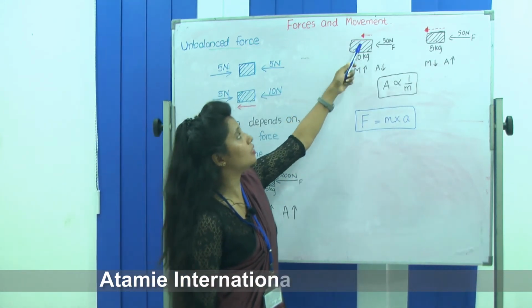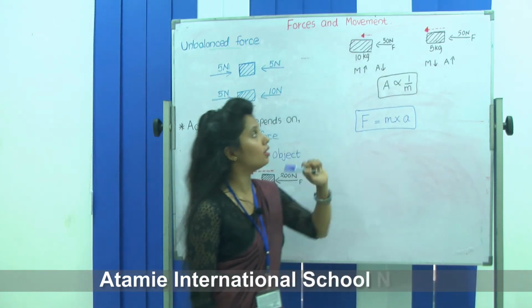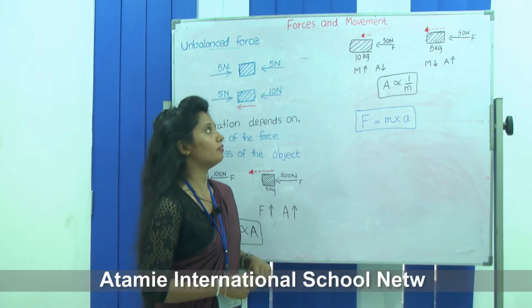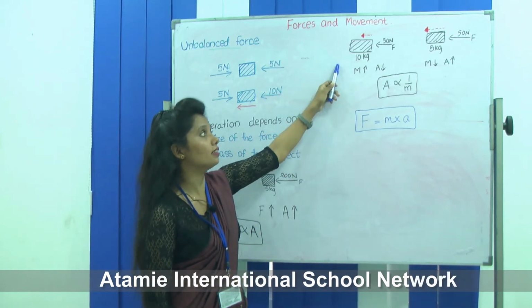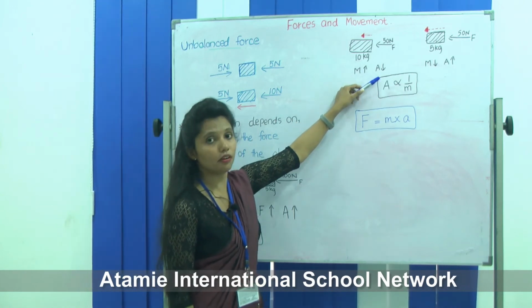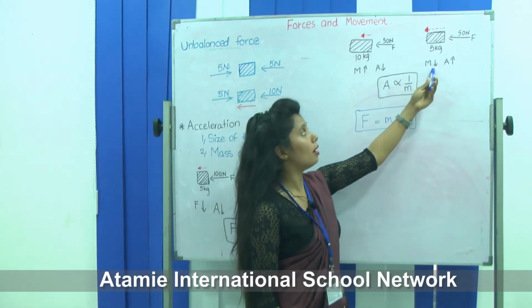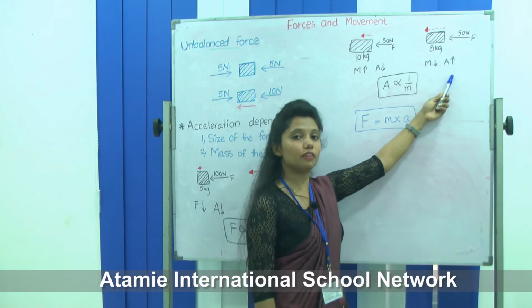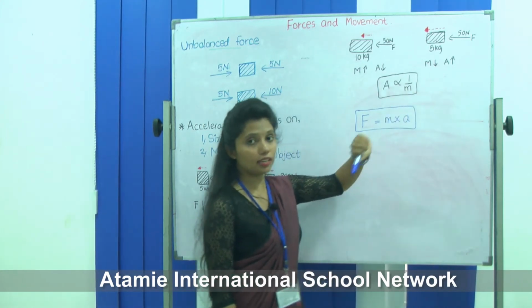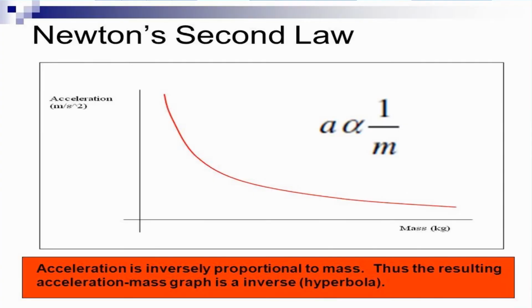In the first one I have shown a shorter one, in the second one I have shown a slightly longer arrowhead, which means when the mass of the object is higher, the acceleration of the object will be lower. When the mass of the object is lower, the acceleration of the object will be higher. So we can conclude that acceleration is inversely proportional to mass.